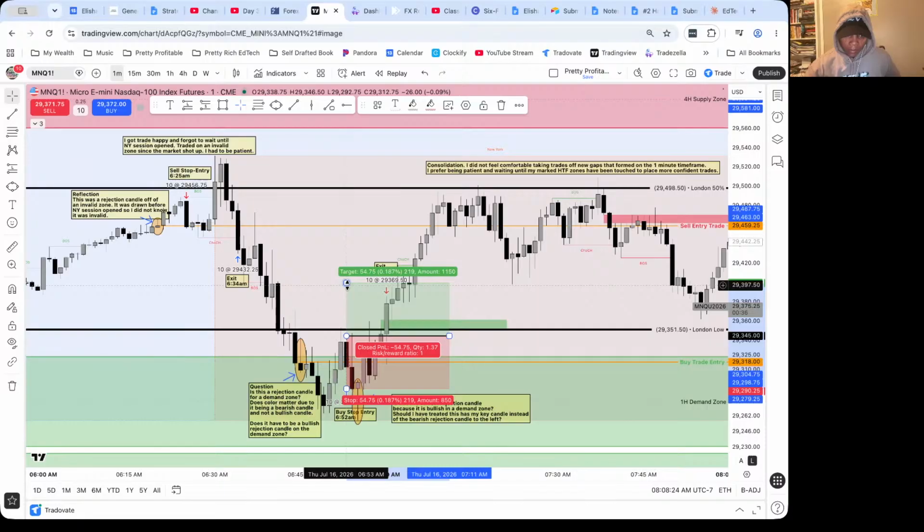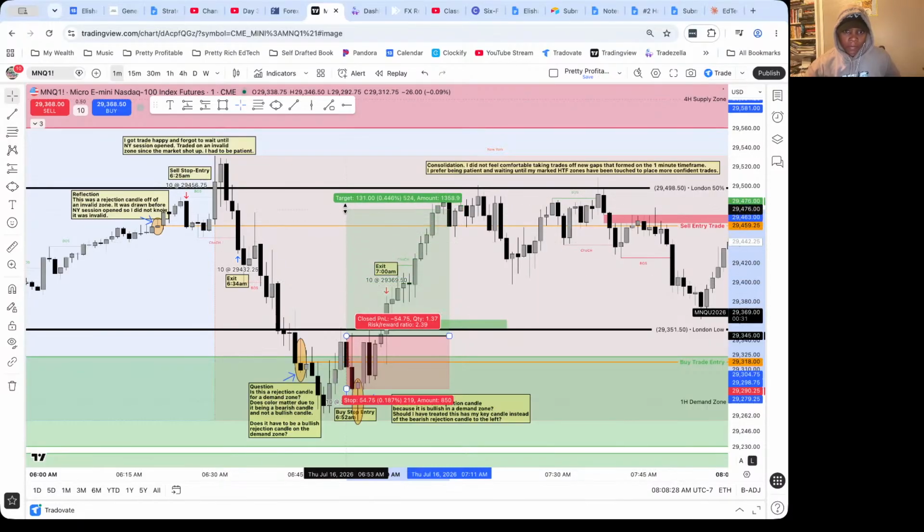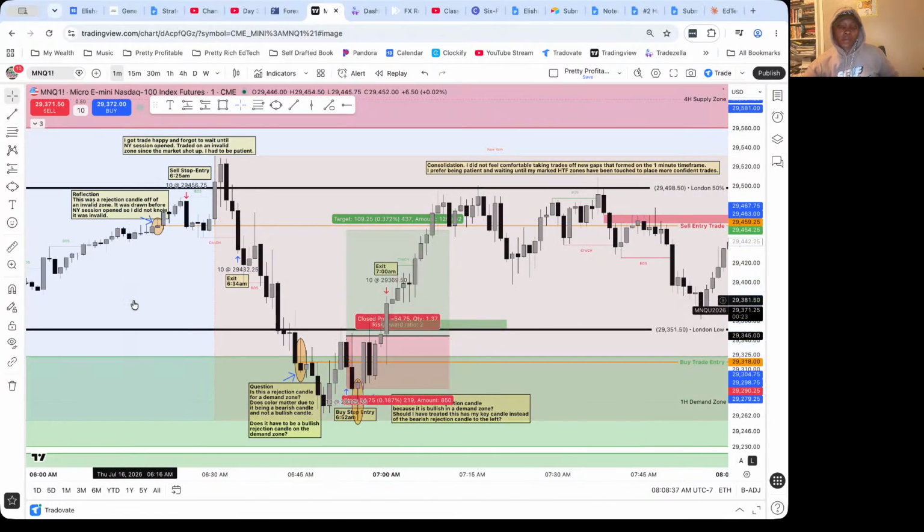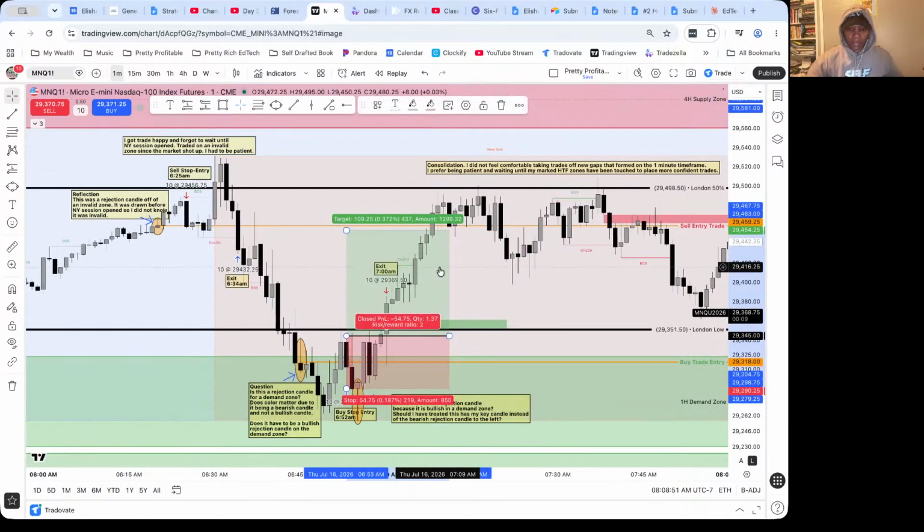This is the 1. If I would have waited for the 2, I would have hit it. I would have had a good chance of hitting it. But right now I'm doing one-to-ones because I want to get used to the prop firm strategy. And in the prop firm strategy, I want to be able to pass my evals.